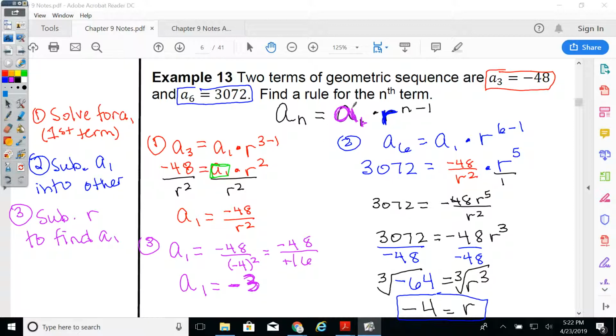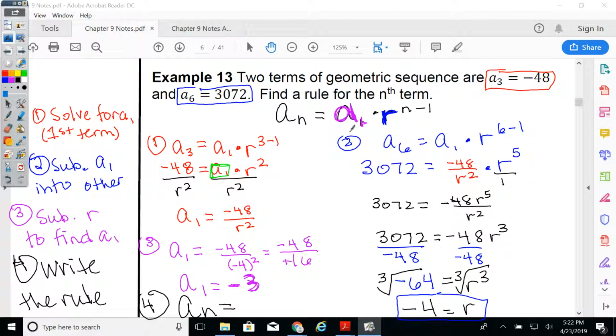So now we have everything that we need to make the formula. So step 4 is to just write your equation, write your rule. So here, a sub n equals a sub 1 was negative 3 times r was negative 4, and we leave our exponent as n minus 1.